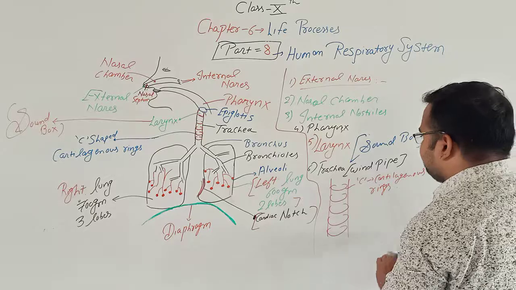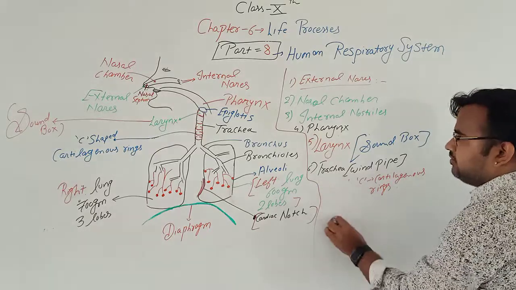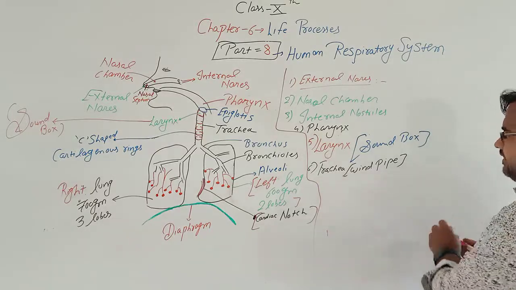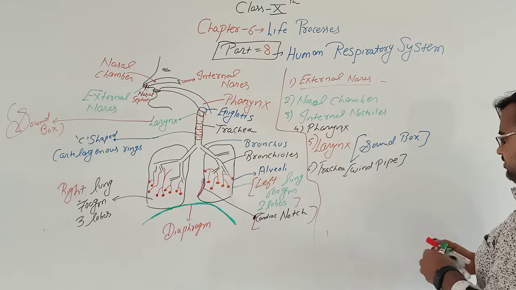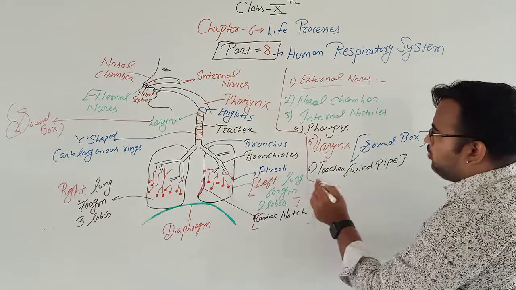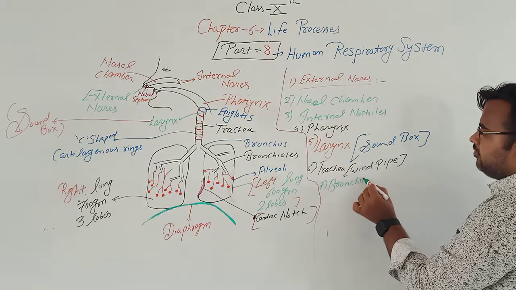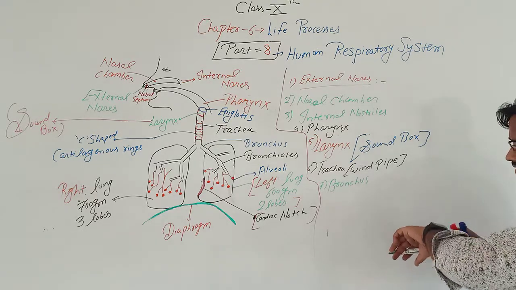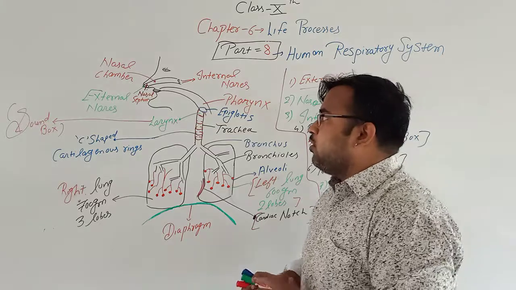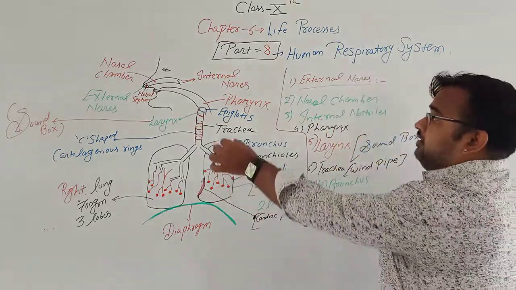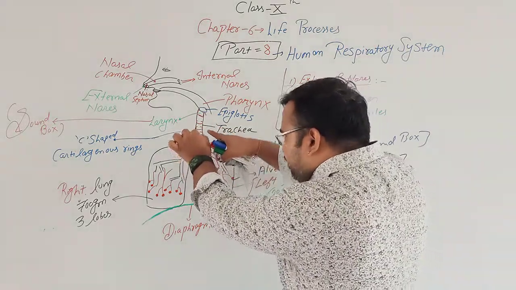After the trachea, the next structure is bronchus.